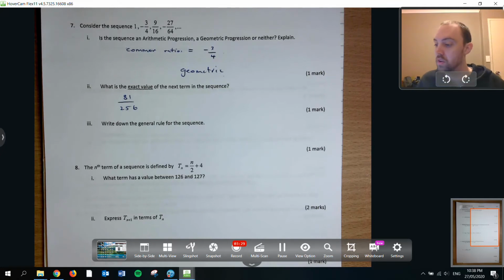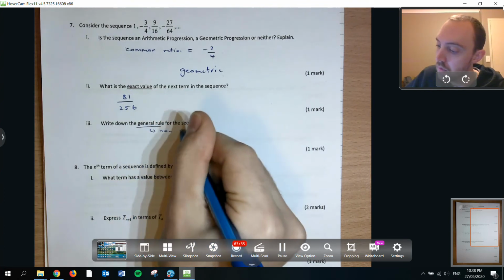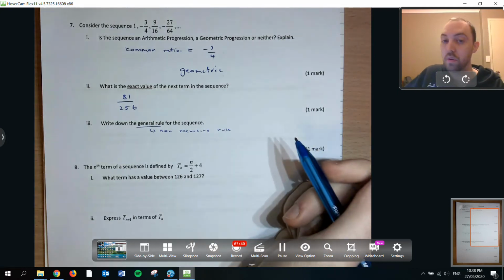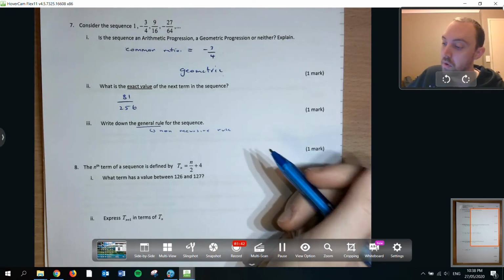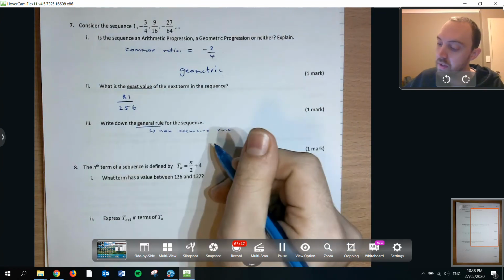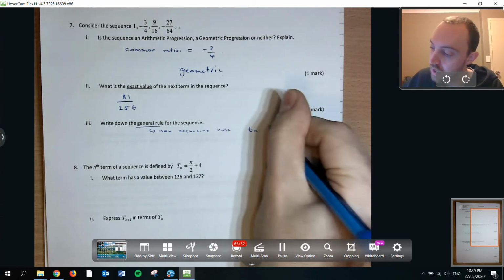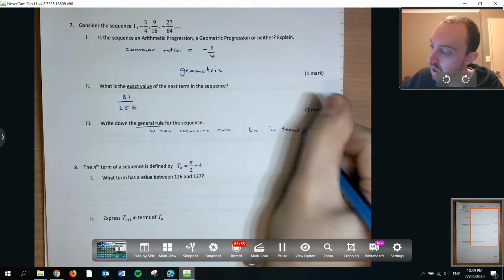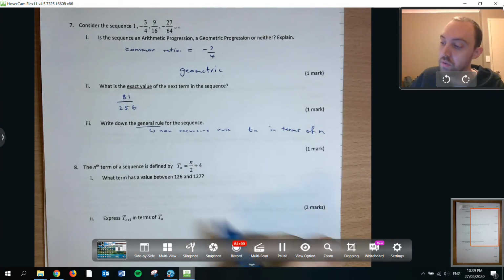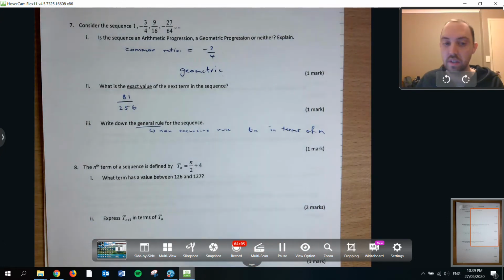Okay, so general rule is the non-recursive rule. If you remember from the non-calc section I spoke about this, we want Tn in terms of n, whereas the recursive rule is the next term in terms of the previous.